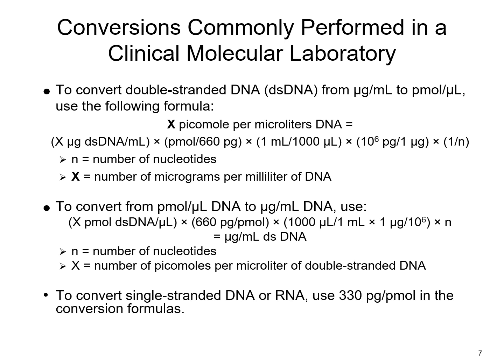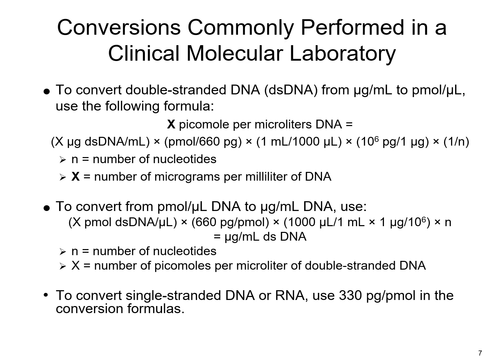Then we're going to multiply that by 1 ml per 1,000 microliters, because we know that there's 1 ml in 1,000 microliters, times 10 to the 6 picograms per 1 microgram. This is all involved in doing that conversion, times 1 divided by the number of nucleotides. That would be your equation. There's also an equation to convert from picomoles per microliter of DNA to micrograms per ml of DNA.